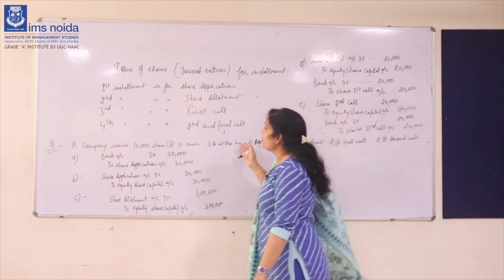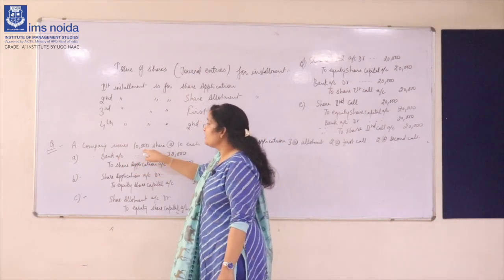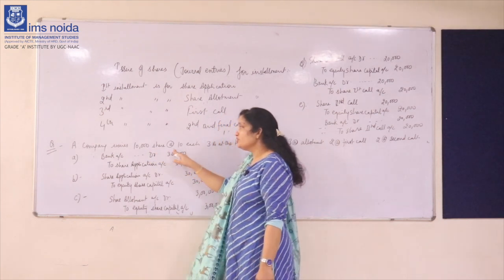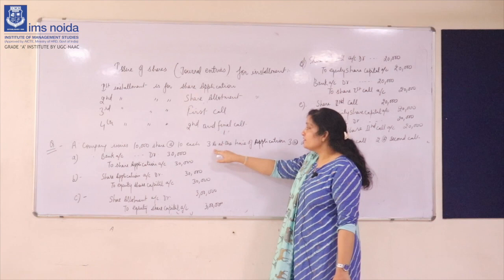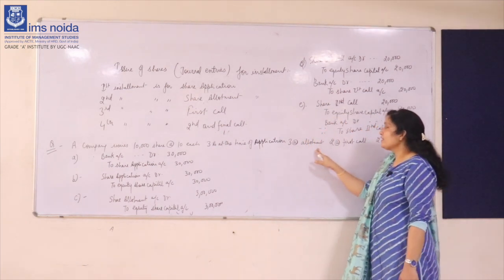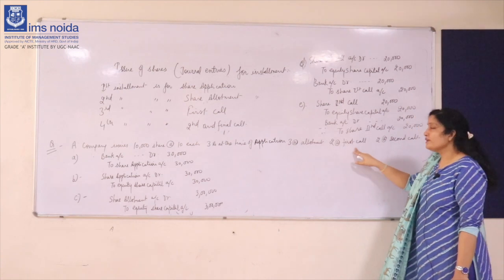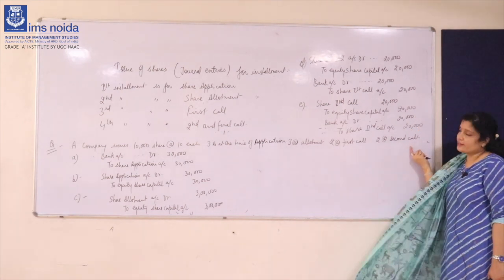For understanding this part, we can take the example. A company issues 10,000 shares at the rate of 10 each, 3 rupees at the time of application, 3 rupees at the time of allotment, 2 rupees at the time of first call, and 2 rupees at the time of second call.